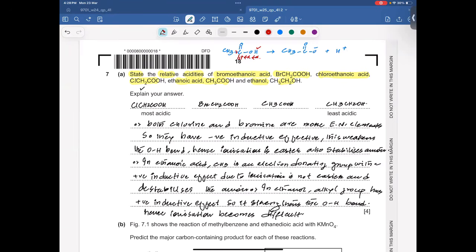Also, why the anion destabilizes? See, this is CH3, CO, O negative. There must be a resonance process, right? Okay. होता क्या है कि ये नेगेटिव चार्ज यहाँ पर बॉन्ड बनाएगा.